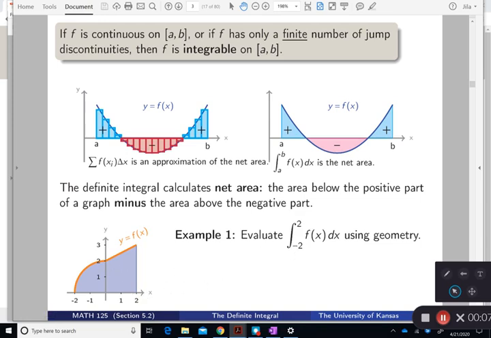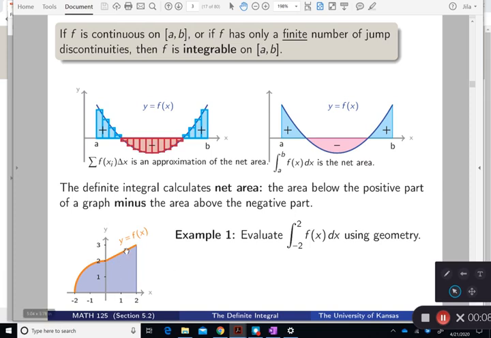I don't know how to do this with limits, but I may have other tools in my pocket to calculate the integral from -2 to 2 of f of x dx. This is f of x. What's the area between -2 and 2? That would be the area of a quarter of a circle. The circle is of radius 2, so its area is 4 pi, and you divide it by 4, you get pi.